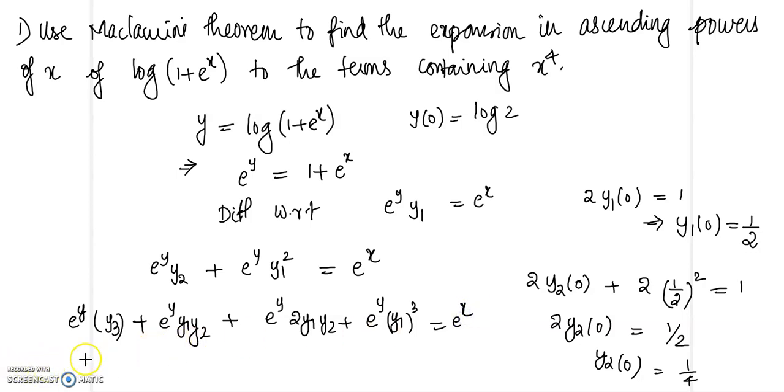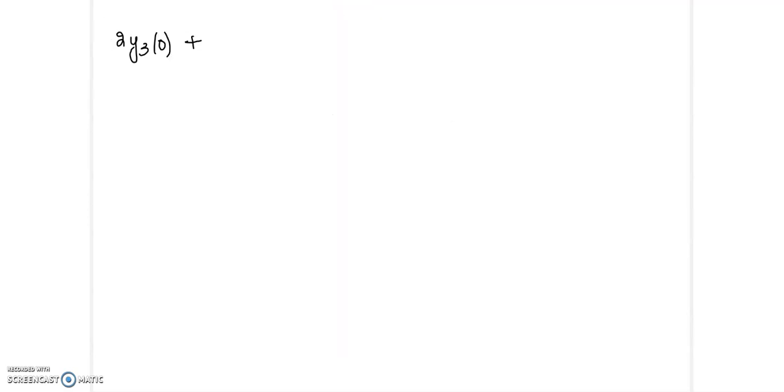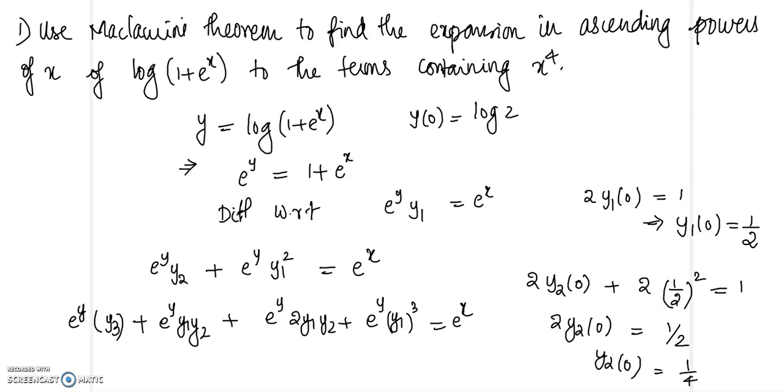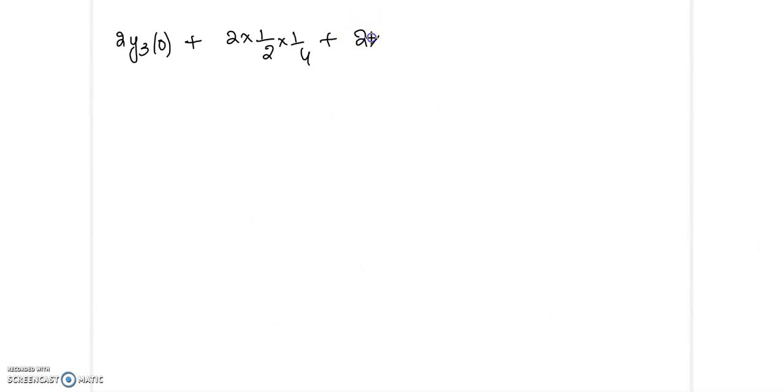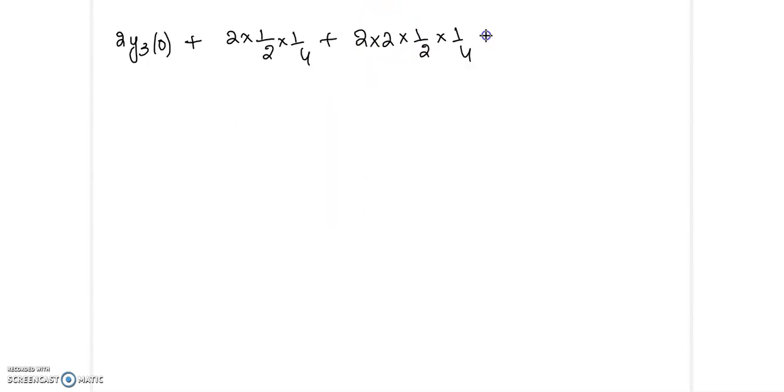So at x equal to 0, we are going to get 2y3 of 0 plus 2 into 1 by 2 into 1 by 4, plus the next term is again 2 into 2 into 1 by 2 into 1 by 4, and plus 2 into 1 by 2 whole cube.